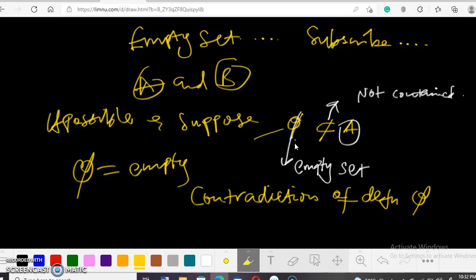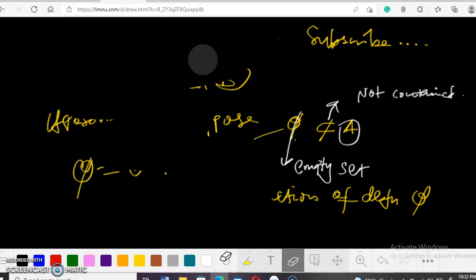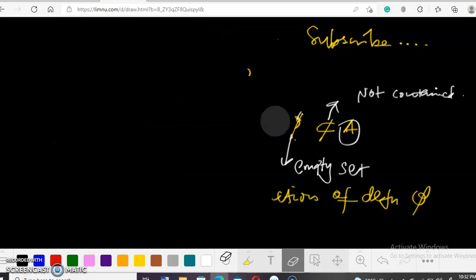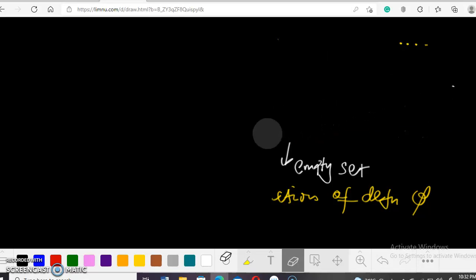So now we can prove this by saying, let us have two empty sets. If we have two empty sets, let's say that we have empty set 1 and then we have empty set 2, and these are two empty sets.